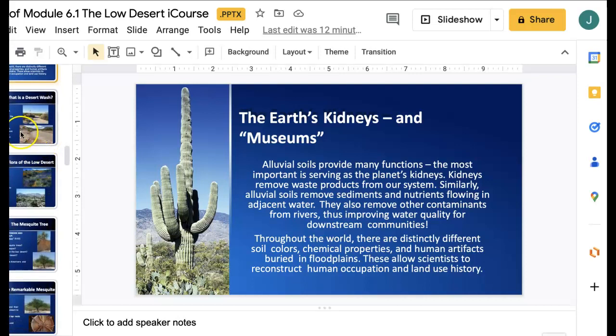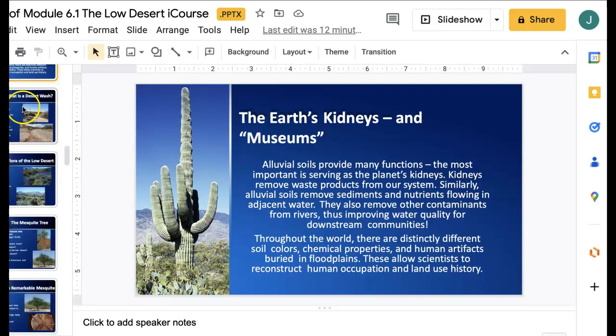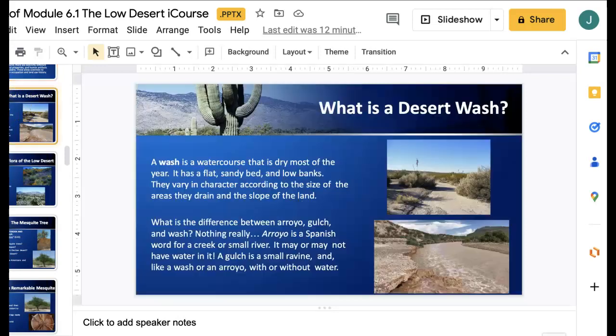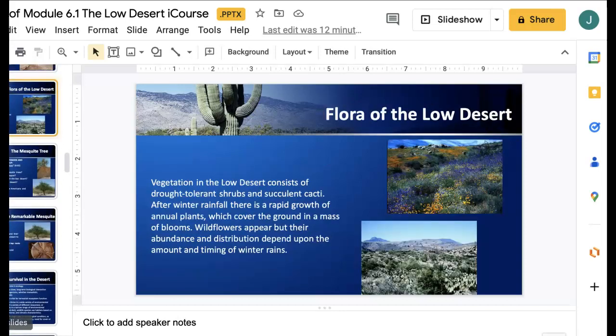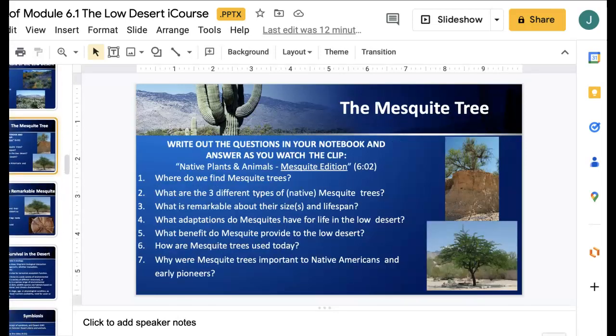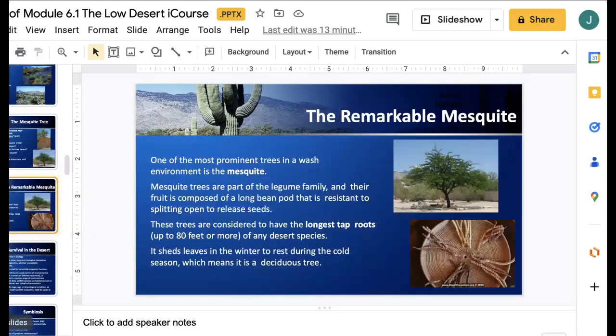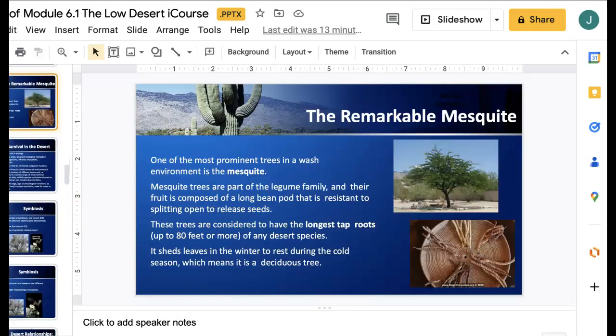So it goes into something that you may have never thought or considered before, the function and the role of these alluvial fans. Goes into a desert wash, and then you're going to see some information about the flora of the low desert, and some prompts for you to take some notes on, and then don't forget to watch the videos that are embedded throughout.